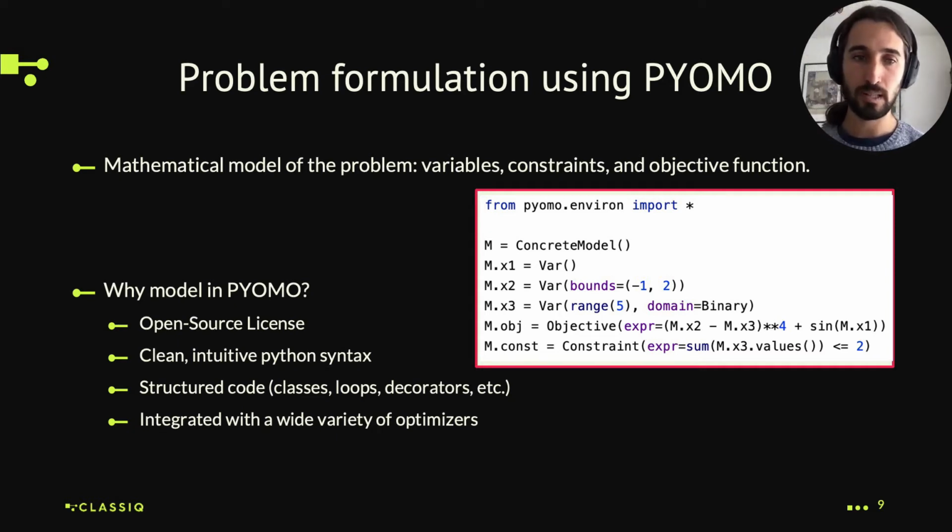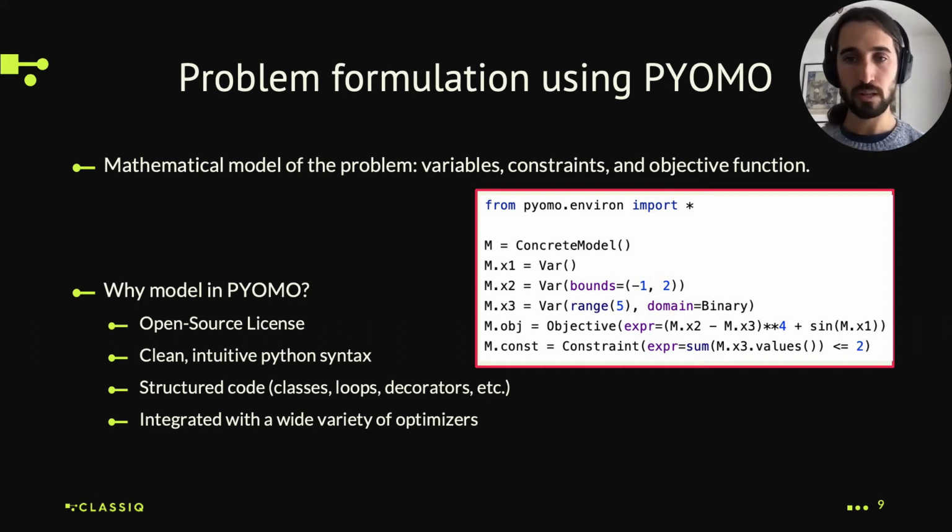It's open source, under an open source license. It was developed by the national laboratories, and it's a very descriptive language. You can define many possible options, many formulations. It's a powerful tool. So just a quick example of how you're going to use a Python optimization package called Pyomo.